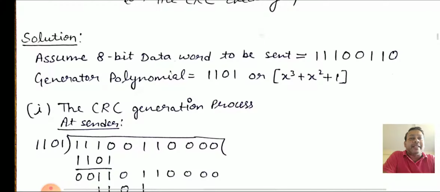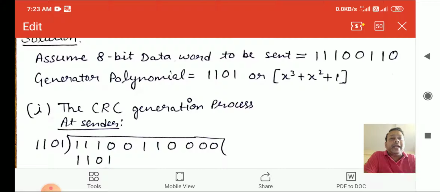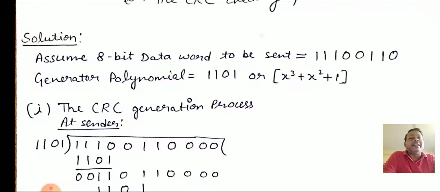So the solution is given in this way. Assume an 8-bit data word, which is already given in the question, and the generator polynomial is 1101. Sometimes you may get the direct value 1101, or you may get it in terms of a polynomial, like x cube plus x square plus 1.